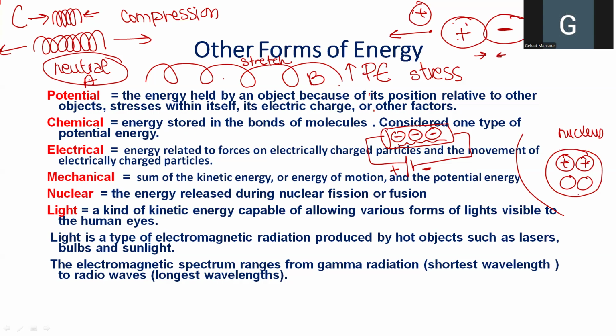But because they are contained inside the nucleus, they are forced to stay close to each other, although they are supposed to repel each other. So there is great energy stored inside the nucleus because of the presence of those similar charges in proximity with each other. So if there is nuclear fission and the nucleus is split, these particles will release the huge energy that is stored inside the nucleus, and from there comes the nuclear energy.